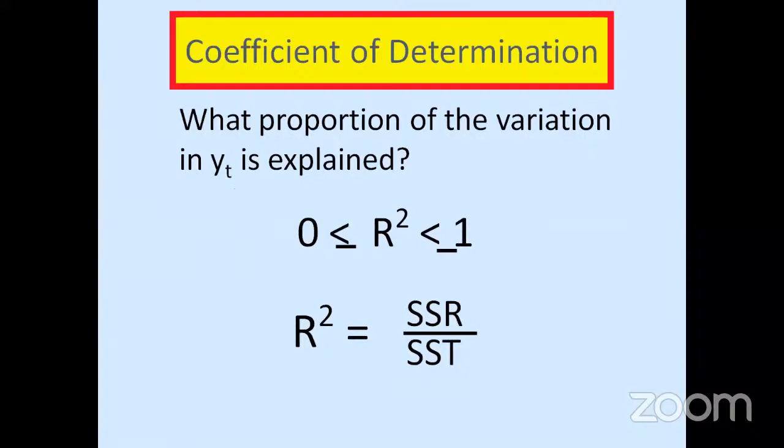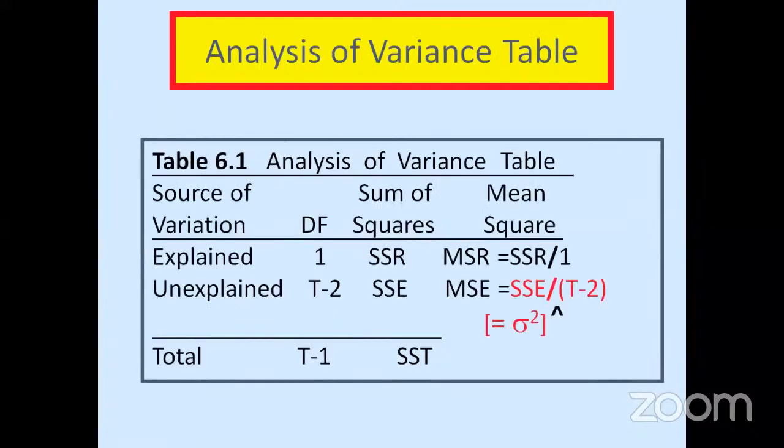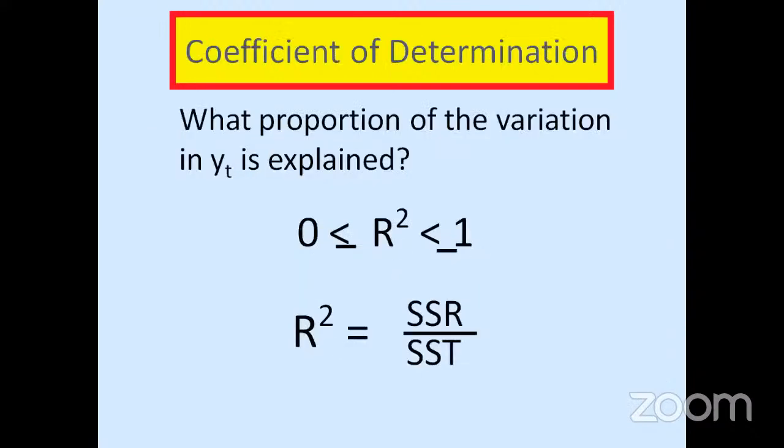Okay. After this particular ANOVA table, we will have a clear picture of the entire regression equation in the form of the coefficient of determination. So what proportion of the variation in yt is explained? This is our ultimate agenda generally. The entire equation explains the proportion of variation in the entire y.